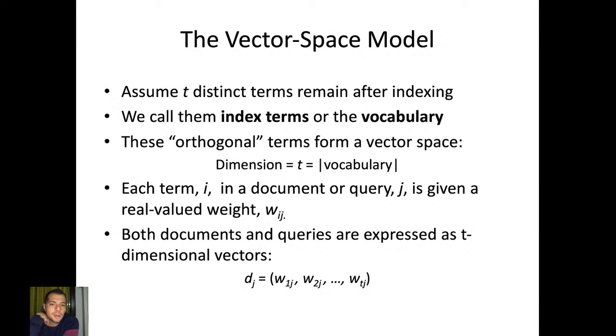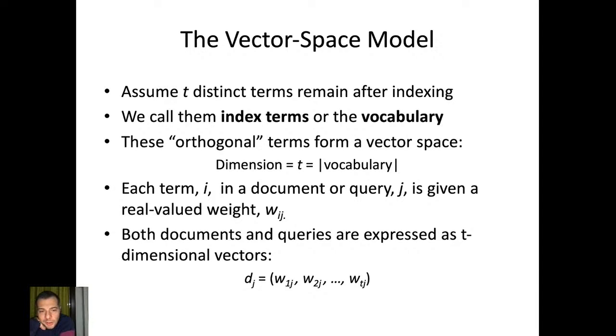Okay, so we can build a representation for the documents using the vector space model. This is based on assuming t distinct terms that remain in the vocabulary after indexing, so after removing stop words. These are called index terms. And we think of these terms as orthogonal.